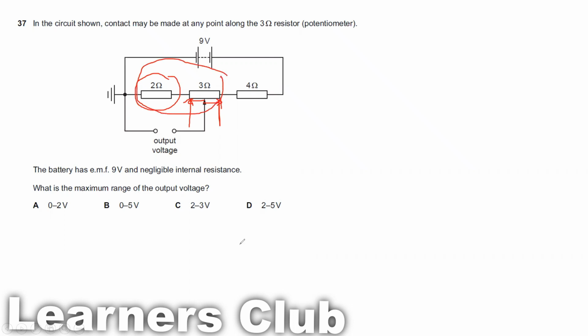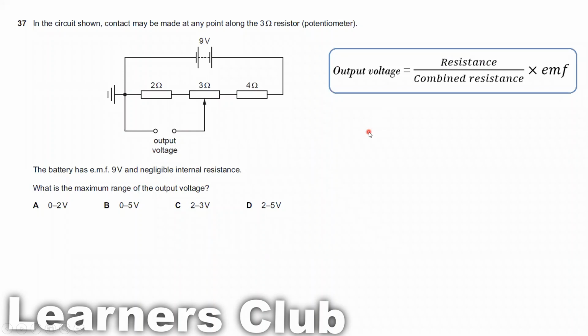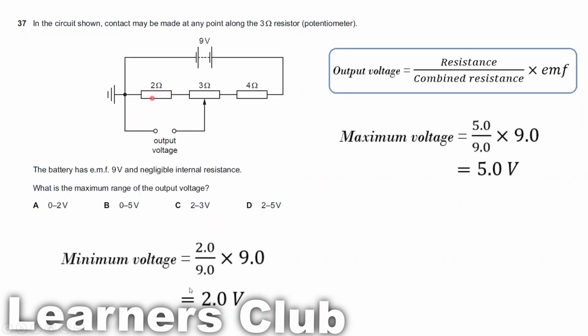In order to get the range of values, to get a minimum output, you need to take 2 ohm, in which you will have the potentiometer dragged to this end. 2 ohm divided by the total resistance, 2 ohm plus 3 ohm plus 4 ohm, 9 ohm, multiplied by the EMF of the battery, which is 9 volt, will give you 2 volt.